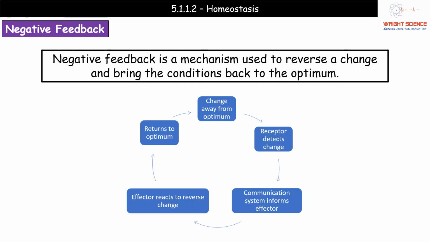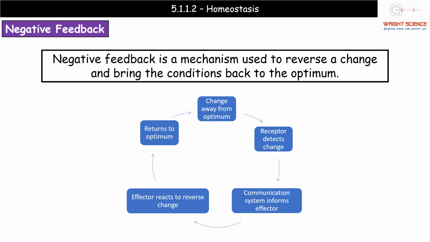Now, what we actually looked at back at GCSE is this idea of a negative feedback system. And negative feedback is where we've got a mechanism being used to reverse a change and bring those conditions back to the optimum. So what we're going to see here is that we've got our little change away from the optimum first of all.